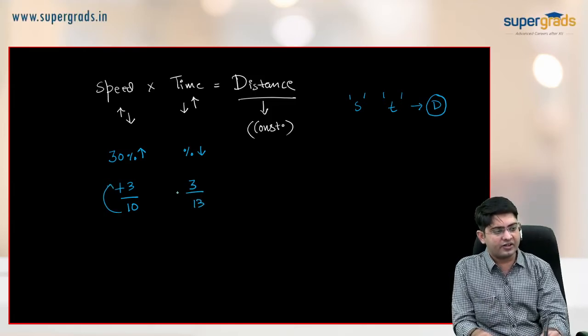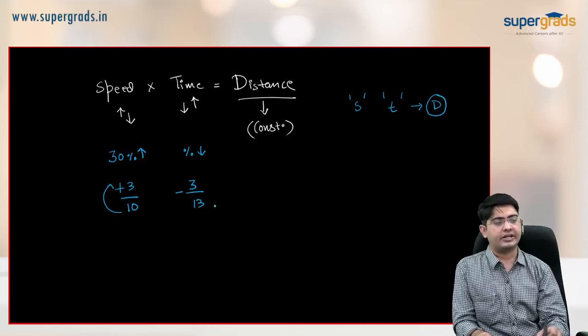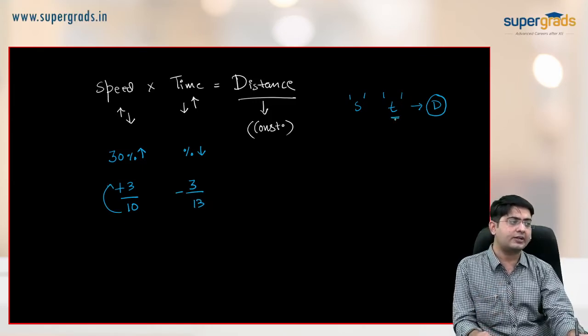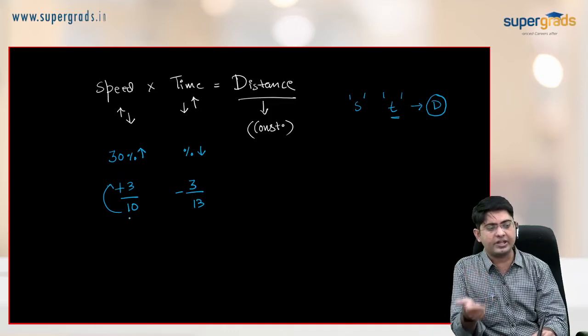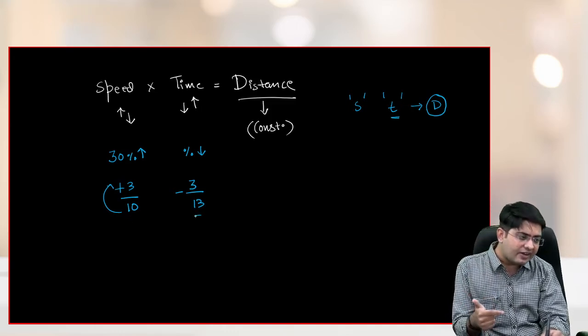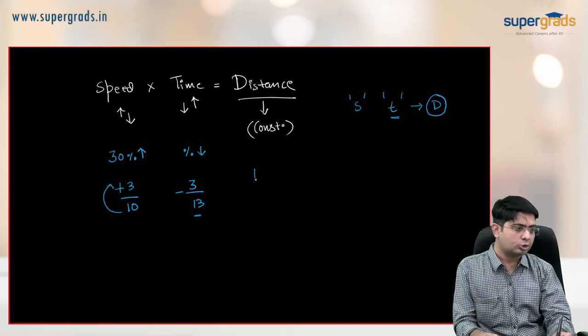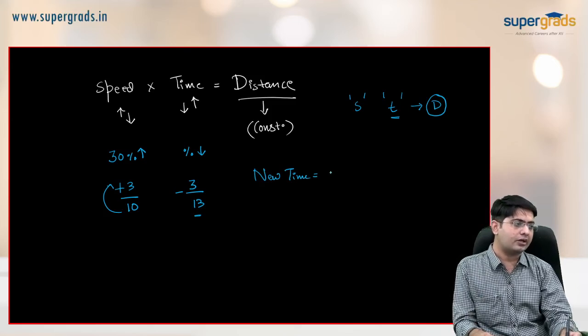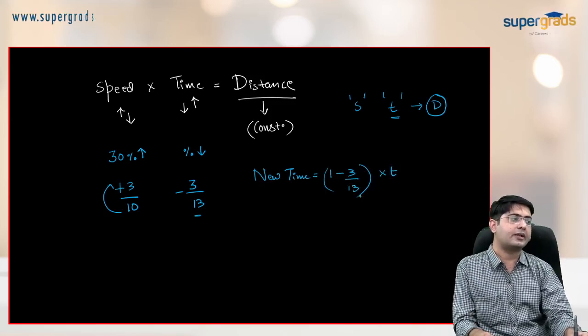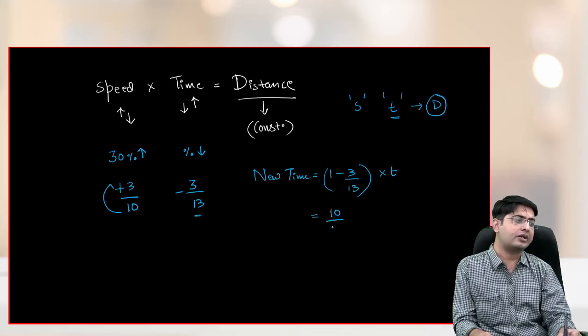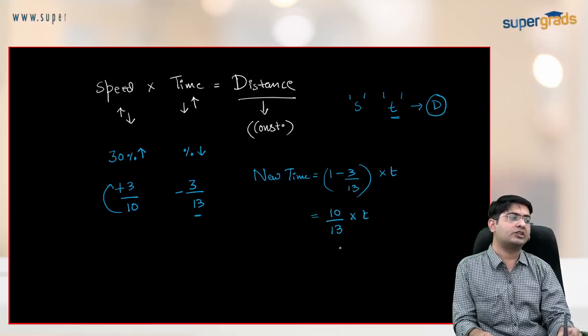So time will reduce by 3 by 13. The new time to cover that distance would be 1 minus 3 by 13 of the original time, which is 10 by 13 of the original time.